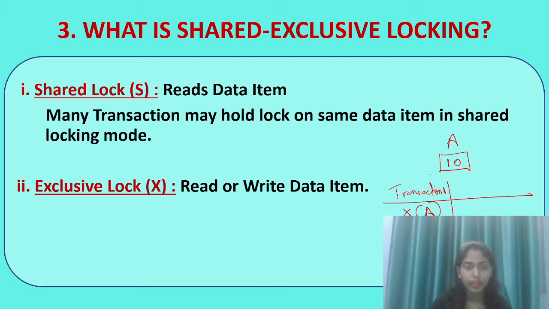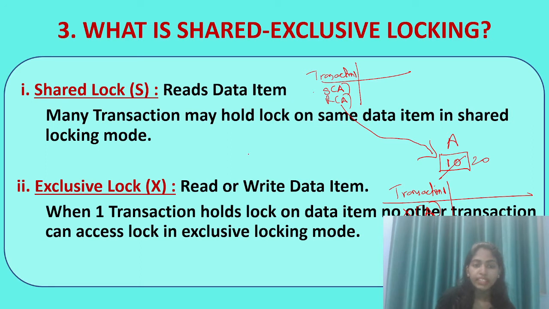Both you can do with the exclusive lock, unlike the shared lock. In a shared lock you can only read the data item. You cannot write anything inside it. You can only read the value present in the data variable A, that is 10. With an exclusive lock, you can write a value inside the data. You can change it and make it 20.